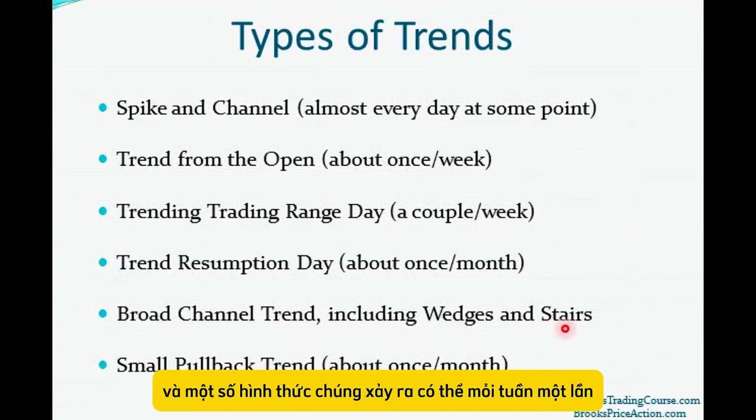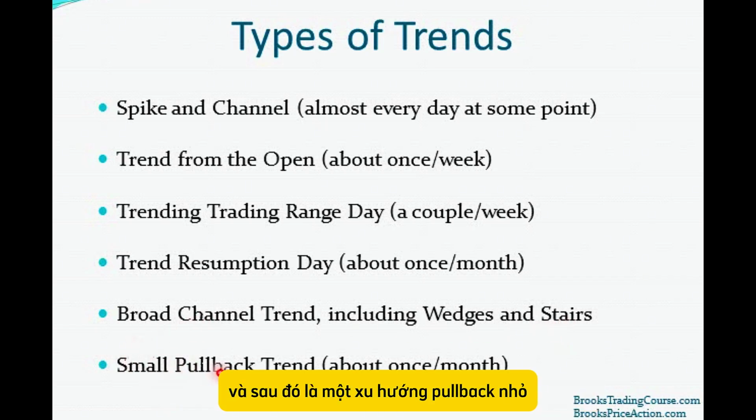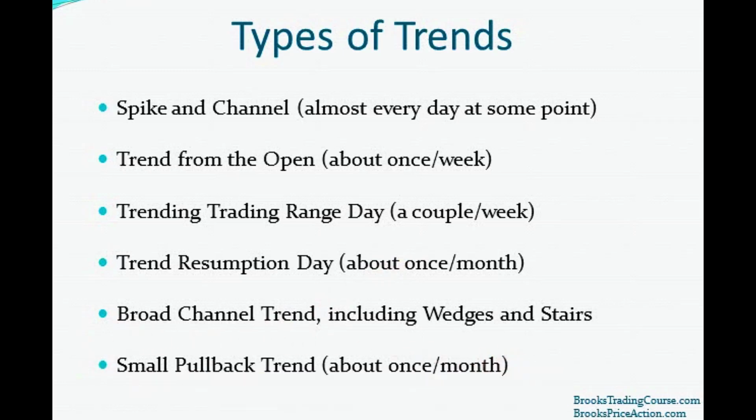In some form they occur maybe once a week. And then a small pullback trend, where the trend is trending all day long and the pullbacks are tiny. The move is not going up very fast or going down in a bear trend, but the pullbacks are very, very small. This is the strongest type of trend, and you get it about once a month.